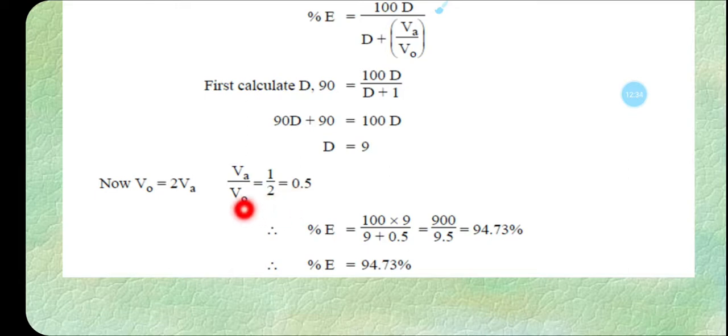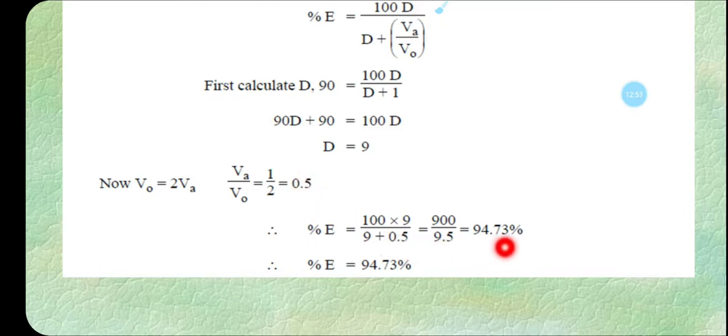We use the same formula, percent E is equal to 100 times D, substituting the value of D from the first calculation: 9 divided by 9 plus 0.5, the volume ratio being 0.5.